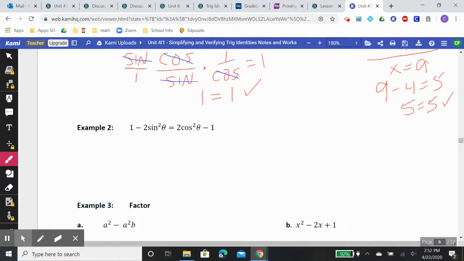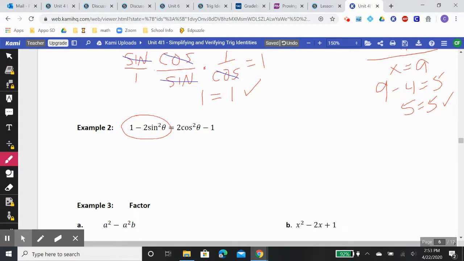So if I'm going to work on the left side, I'm going to work on this side right here. Look on the right side. What does the right side actually have? Well, it has a cosine. That's the most important thing. The left side doesn't have a cosine. I need to somehow make this so that I can turn that sine squared into a cosine squared.